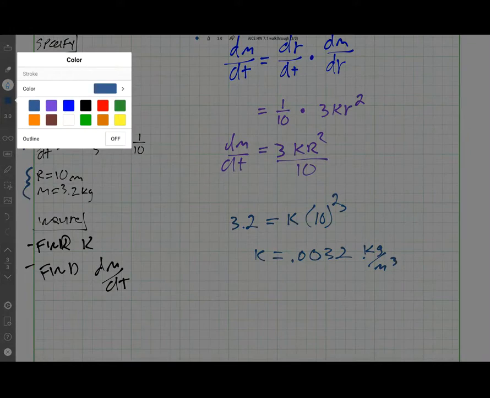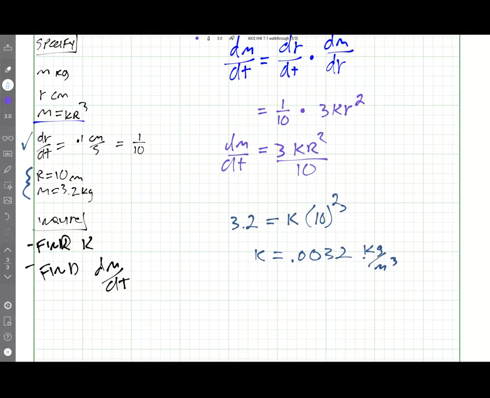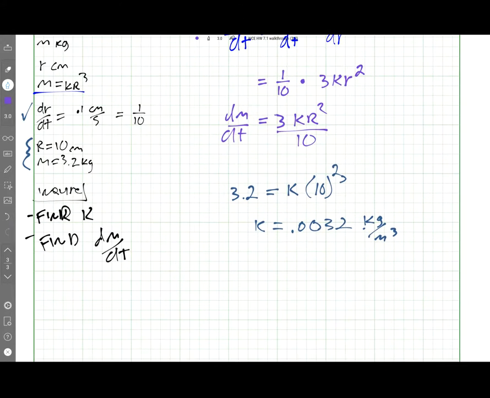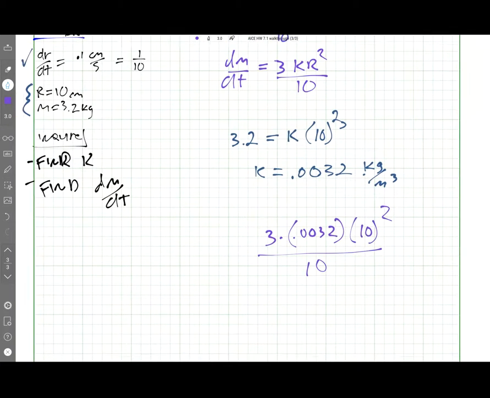So now we can simply put everything together. So 3 times 0.0032 times 10 squared all over 10. So this cancels out with that. That moves it over.